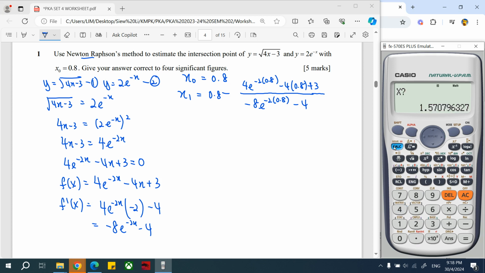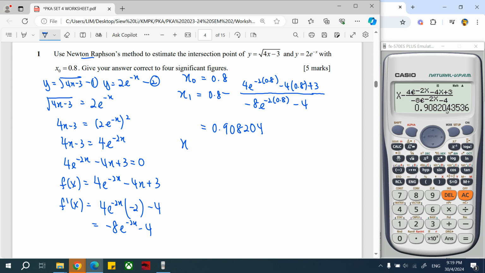We press calculate, substitute our initial value, which is 0.8, to come out with our first approximation, which is 0.90820. We want 4 significant figures, so in calculation, we will keep 2 extra. So 1, 2, 3, 4, and then the extra 2 will be 0.4.